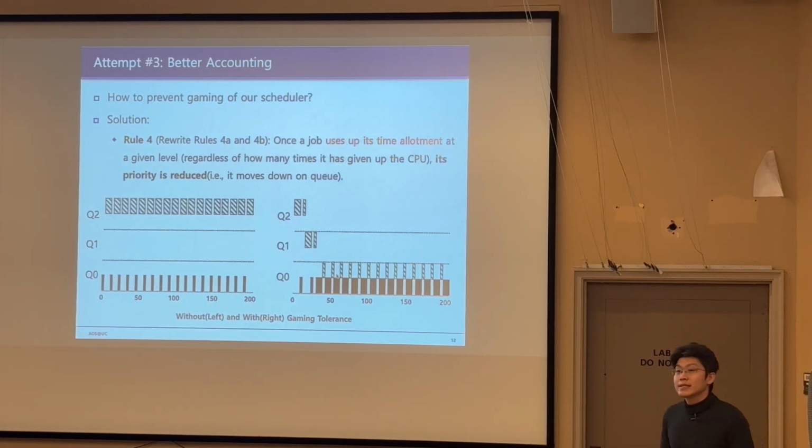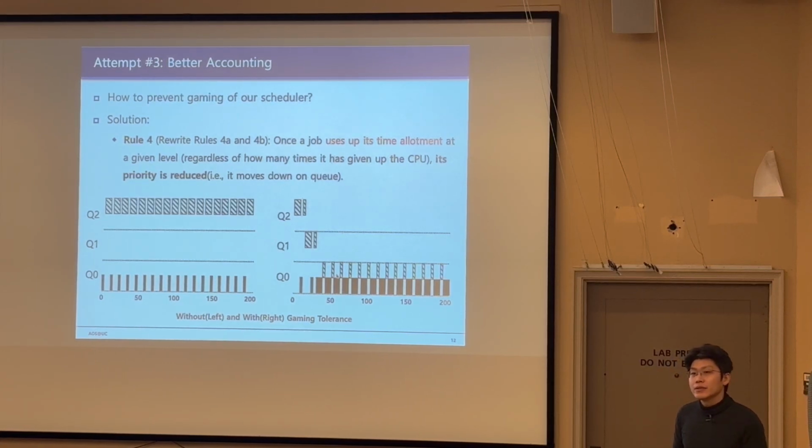Okay? So this is slightly different. In our old design of Rule 4, a process will stay in the same queue if it gives up the CPU before it finishes using its allocation, the time slice. But now we changed it. Each process will account for how much time it's spent in this queue, cumulatively.